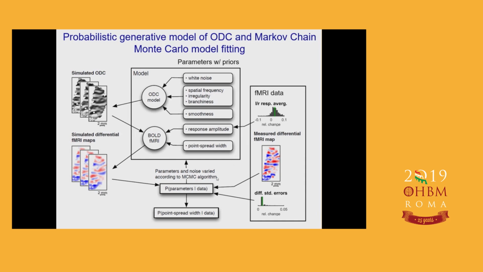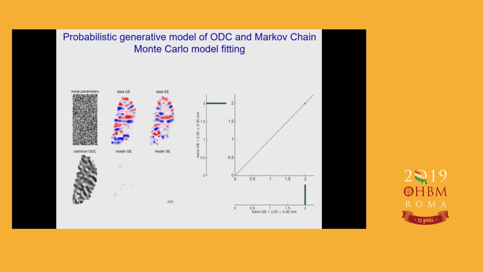And in each iteration, we ask, what is the probability of the current parameters given the data? And as part of that, what is the probability of the current estimated point spread function width as a function of data? So that's how the fitting of the model to the data looks.